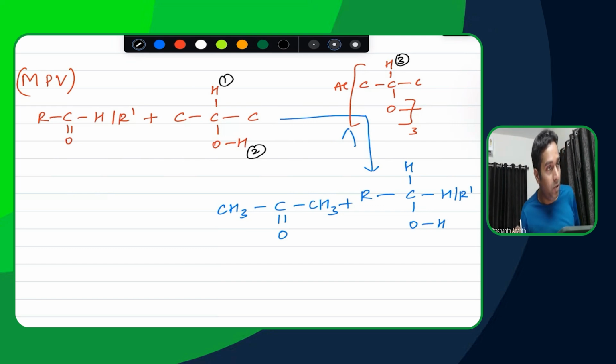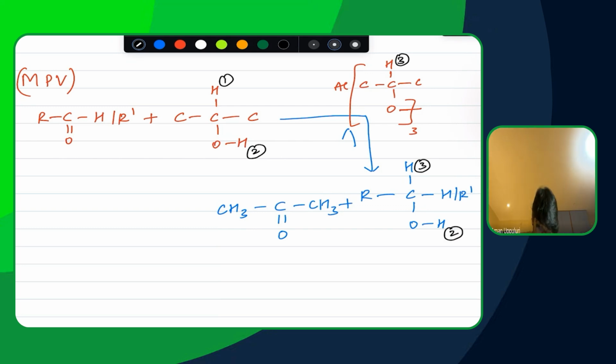First, hydrogen number 3 is present here, and hydrogen number 2 is going to be present over here. Are you clear with what's happening?